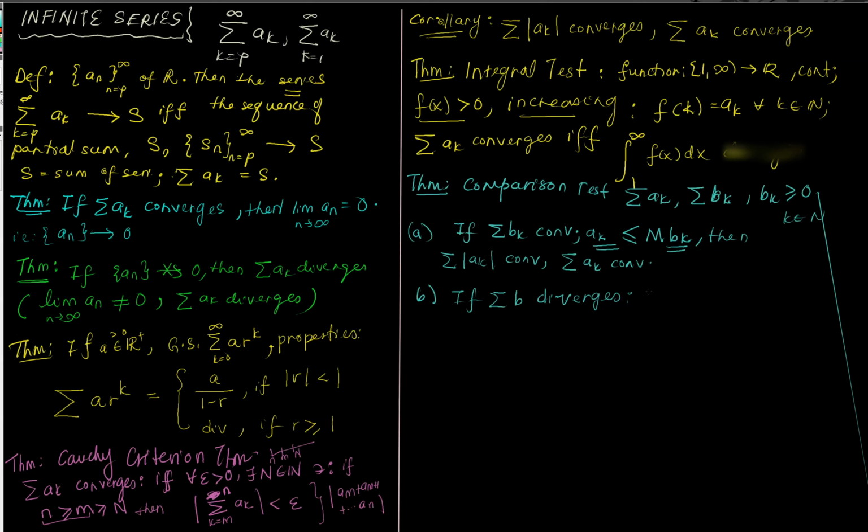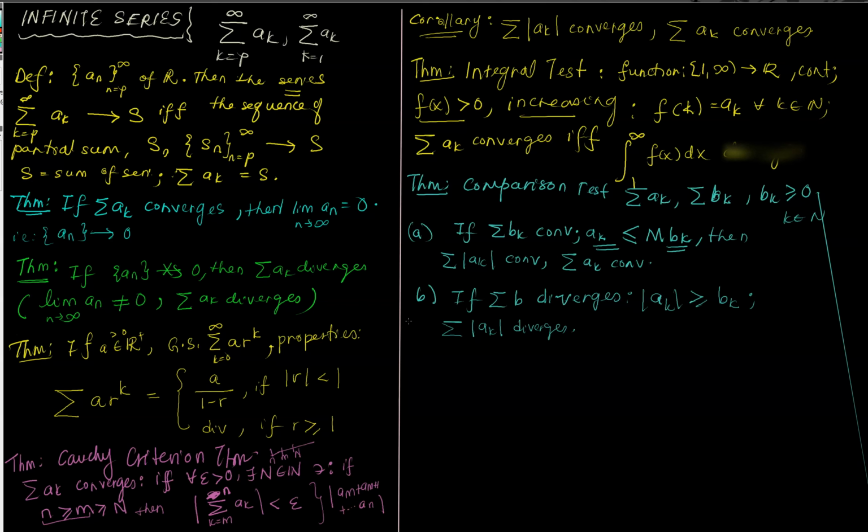So if b_k diverges, and a_k, which is always positive in this case, is greater than b_k, the one that we are comparing, then the summation of the absolute value of a_k diverges. Okay, so that's the comparison test theorem.